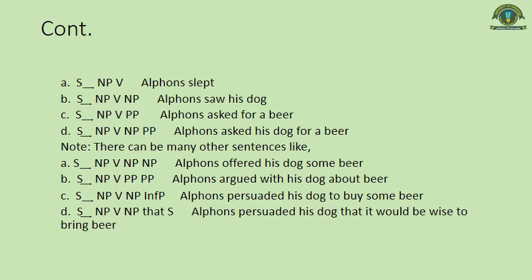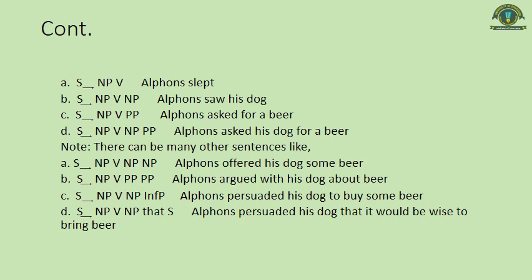So the infinitive phrase is also followed by a noun phrase after the main verb. So there are some specific rules. Under those rules, the combination or arrangement of words come together in a sentence.